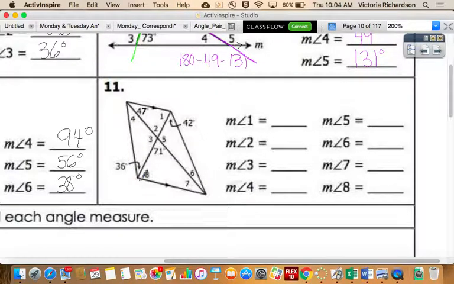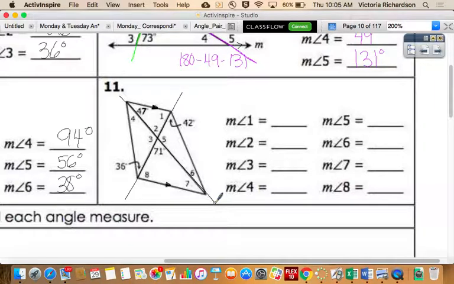But you got to remember that these two lines right here, because they have this arrow in them, that means they are parallel. So this line right here is a transversal. And this line right here is also a transversal.